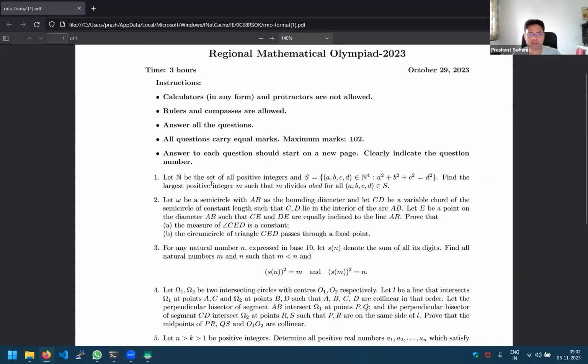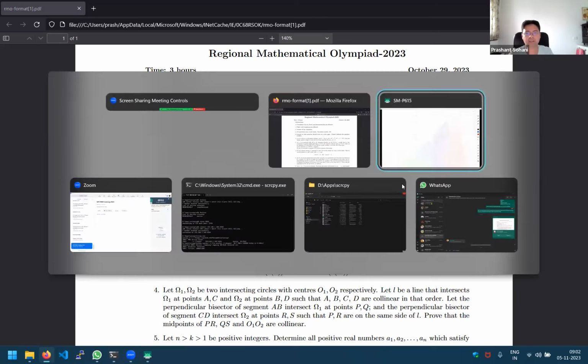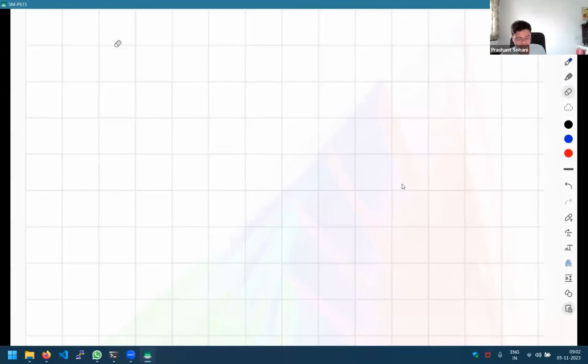So actually I feel question one is very similar to one INMO problem, right? We had discussed that, I think INMO 2004 or 2005 question. I think it was almost the same setup, right? We had some equation like a square plus b square, some sum was given. I think there are five terms there, I don't remember, and we have to consider all the possible solutions of this, and I think we have to find the GCD of the product, right?